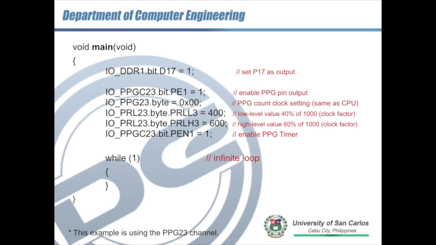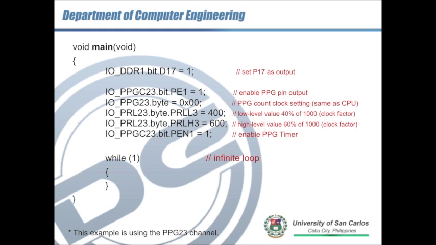Now we set the reload register values: PRLL3 for the low byte, that's 400, and 600 for PRLH3, the high byte, so that we can achieve the clock factor. Basically PRLL plus PRLH should equal the clock factor. Varying these two modulates the pulse. If we have 500 for both, then we have a 50% duty cycle.